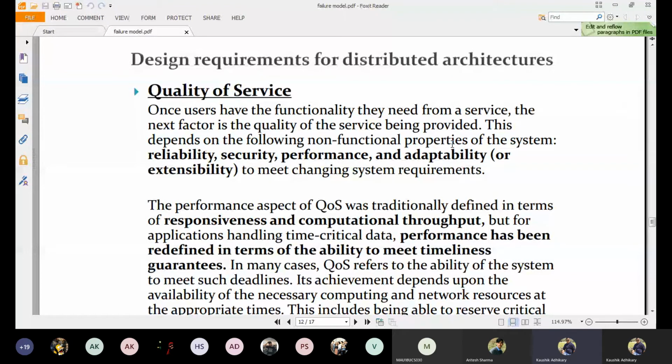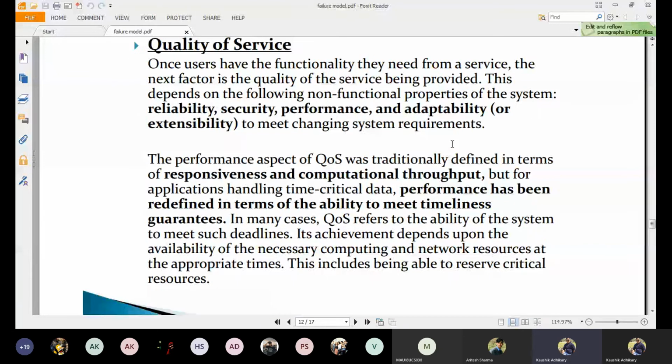If a process or system crashes, it should not affect the performance of the system. The performance aspect of QoS was traditionally defined in terms of responsiveness and computational throughput, but for applications handling time-critical data, performance has been redefined in terms of the ability to meet timeliness guarantees.